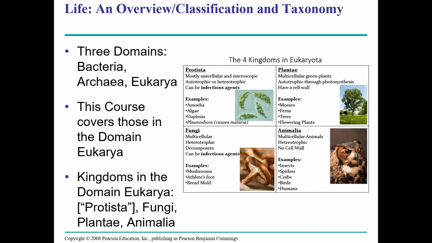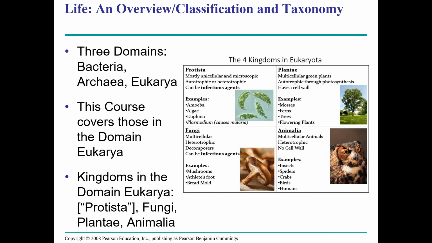You're heterotrophic in the way that you absorb your nutrition. You don't ingest or digest, but you absorb. These are the decomposers. You may have heard of mushrooms and molds, etc. And then there's kingdom Animalia. These are multicellular. If you are only made up of 1 cell, you are not in the kingdom Animalia.